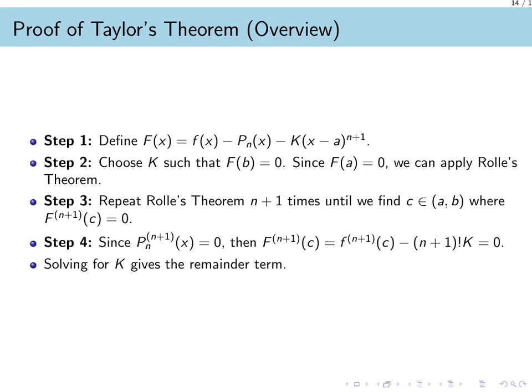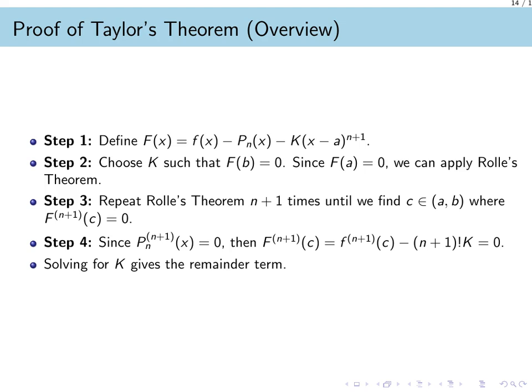Since the function starts and ends at the same value, Rolle's theorem tells us its derivative must be 0 at some point in between. Third, we apply this logic repeatedly. We apply Rolle's theorem to F, then to its derivative, and so on, for a total of n plus 1 times. This guarantees the existence of a number c between a and b, where the n plus first derivative of F is exactly 0.